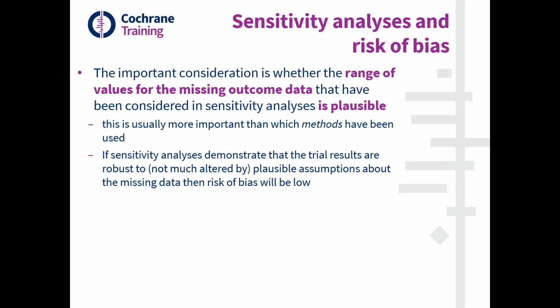Okay, and I'll go back to a mental health example. So we're conducting a trial of an intervention to improve mental health. Our outcome data is depression measured using the Beck inventory. And participants who become more seriously depressed are less likely to attend for their follow-up visit, at which depression is measured, so missingness depends on the true value.